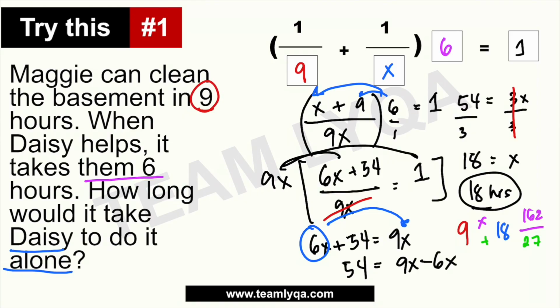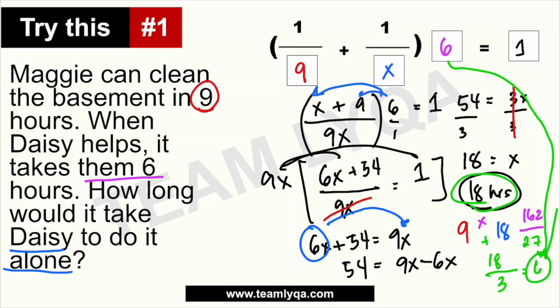You can divide this straight away or reduce it to lowest terms. Both are divisible by 9, so this will be 3 at the bottom, and at the top, 18. So 18 divided by 3 is 6. So we're right. That means if it's 6, then 18 really is the correct answer. Alright? I hope you got that right.